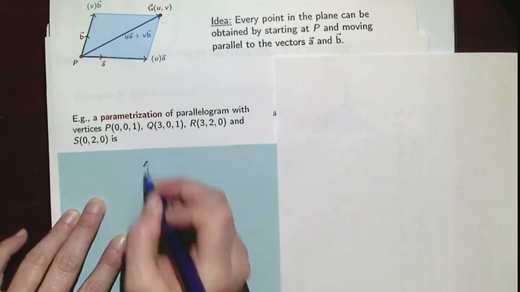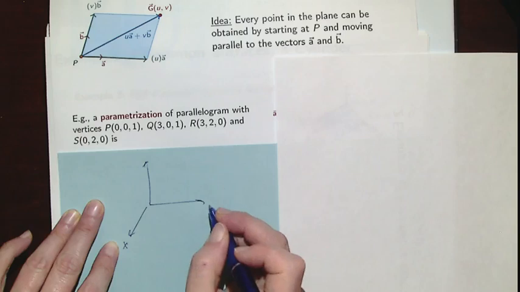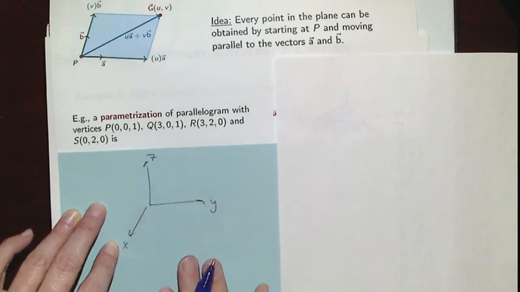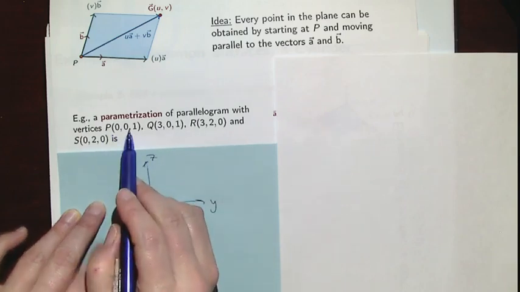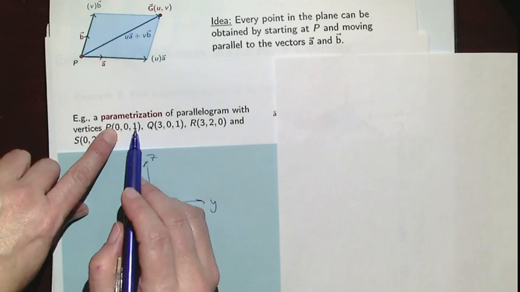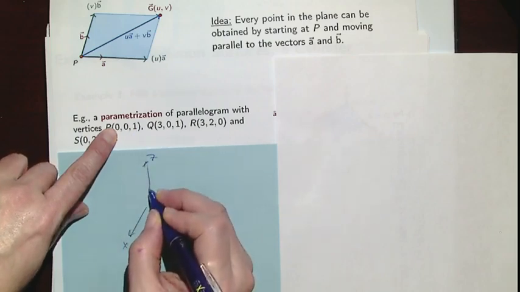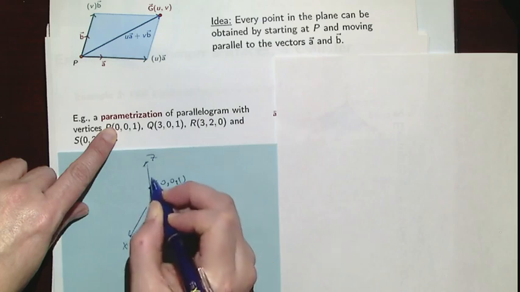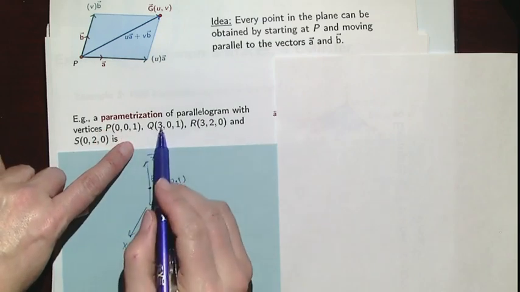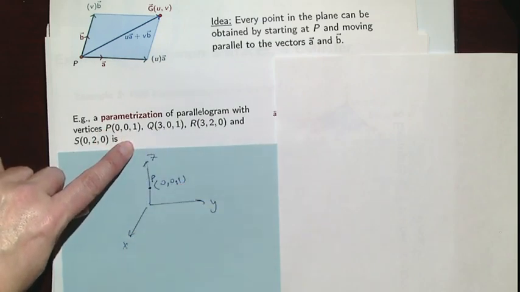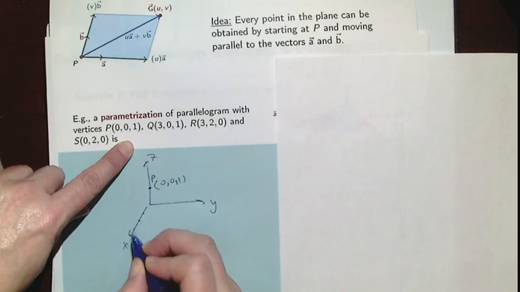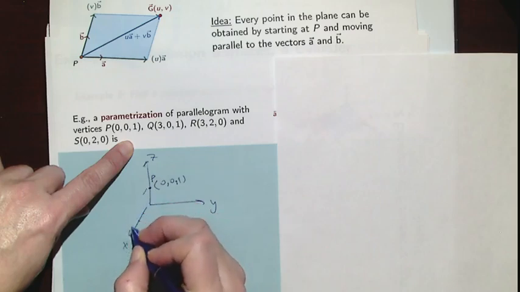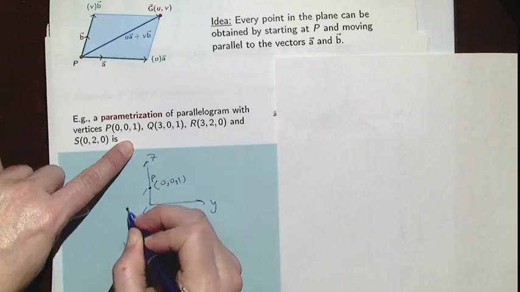Do you guys remember from the beginning of the class when we drew these parallelograms? What is P? P is 0, 0, 1. 0, 0, 1 is right here. Then Q is 3, 0, 1. 1, 2, 3, and it's around here.